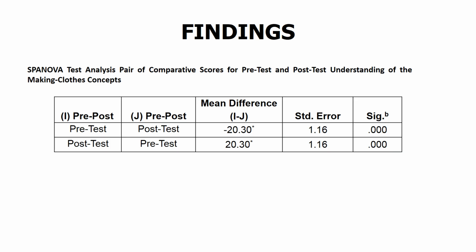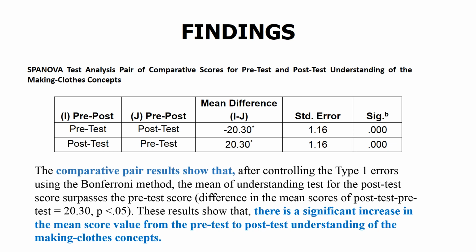ANOVA test analysis of the pair of comparative scores for pre-test and post-test understanding of the making clothes concept. The comparative pair results show that there is a significant increase in the mean score value from the pre-test to post-test understanding of the making clothes concept.